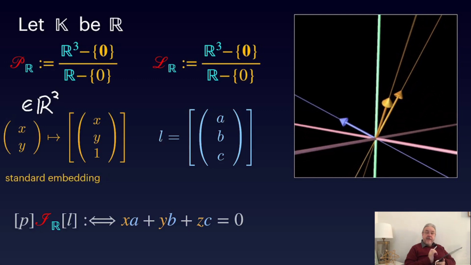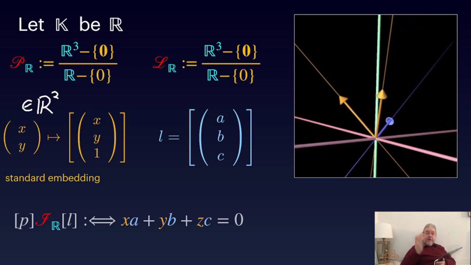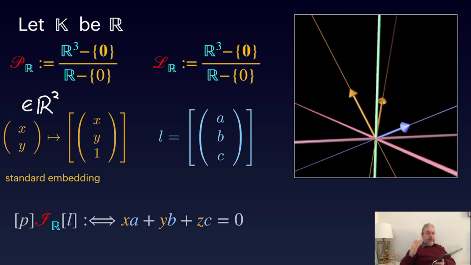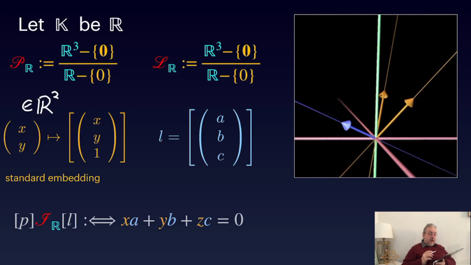This is called the standard embedding. There are also infinitely many other embeddings by choosing other planes on which the points lie, but this one is particularly convenient.